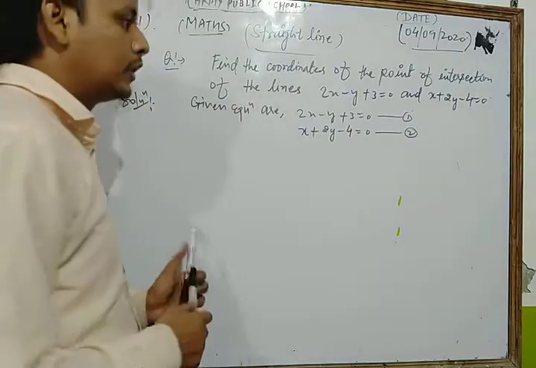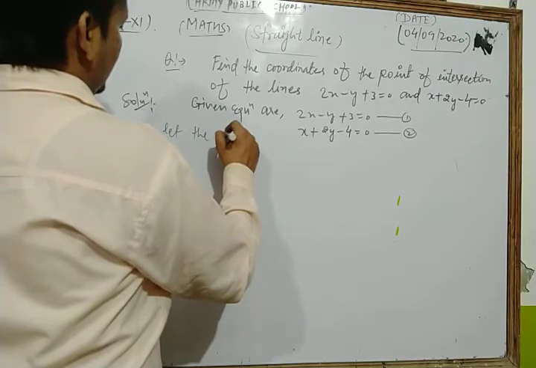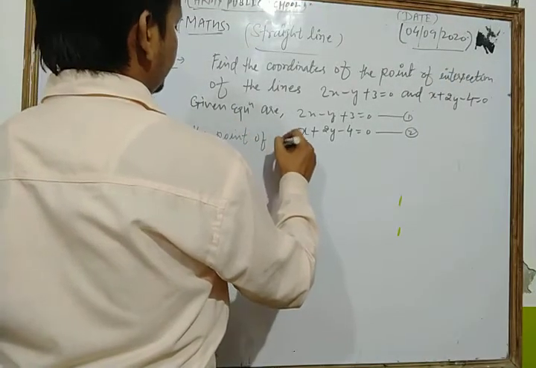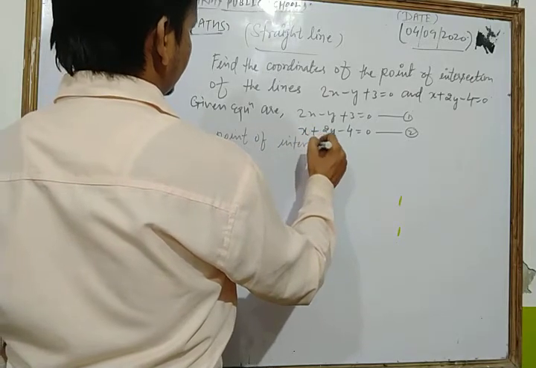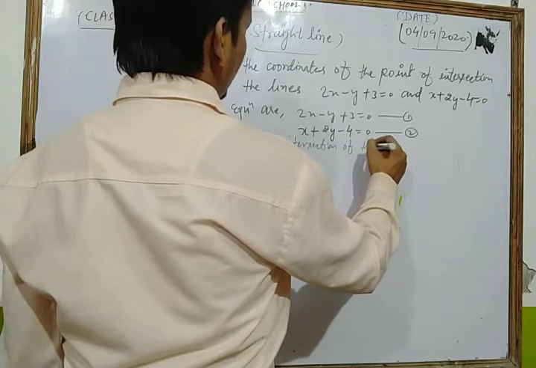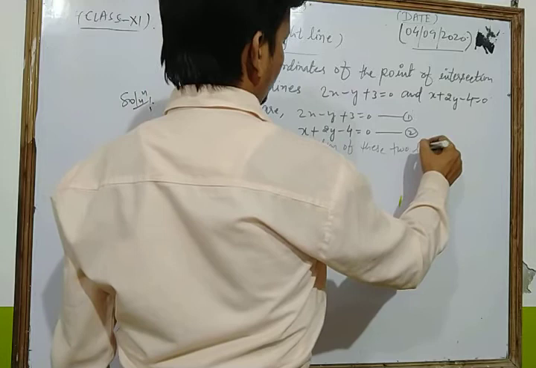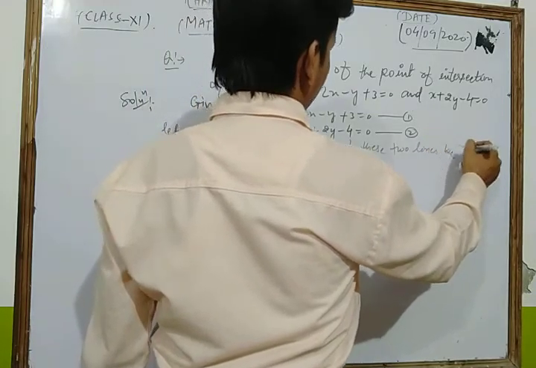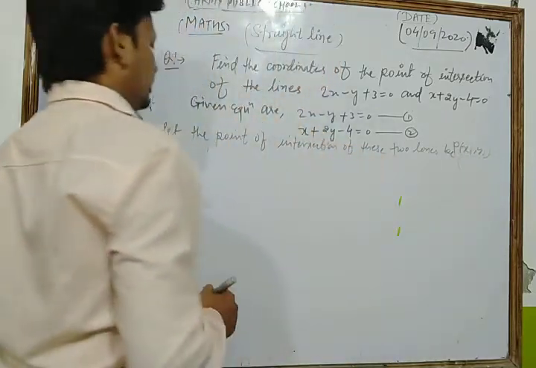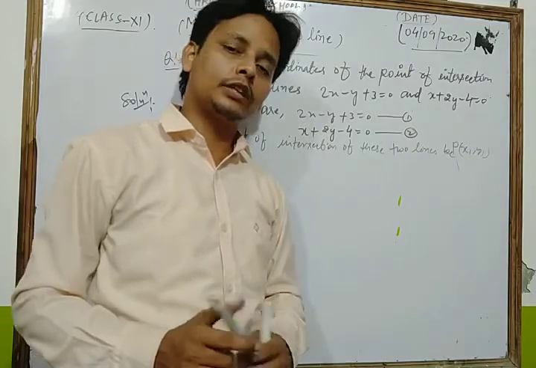Now, dear student, let the point of intersection of these two lines be P(x1, y1).